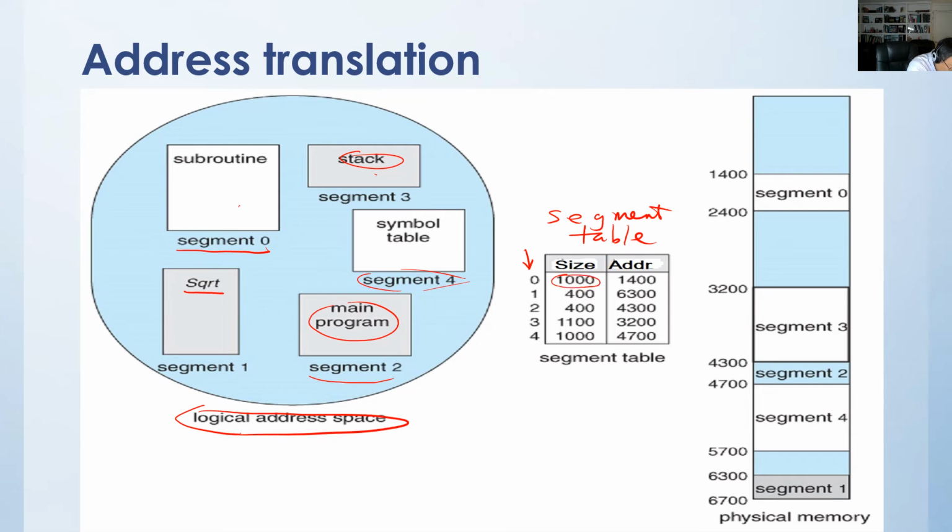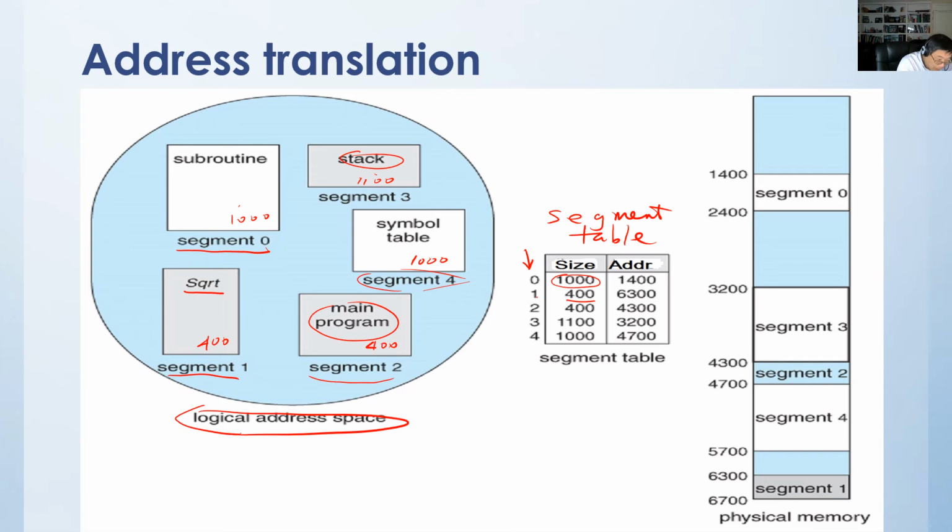And segment 1, the size is 400, so that's 1000, that's 400. And then segment 2, that's 400. Segment 3, that's 1100. And segment 4, it's 1000.